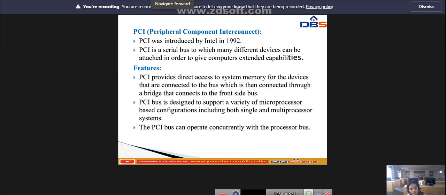The PCI bus was originally 33 megahertz and then changed to 66 megahertz.